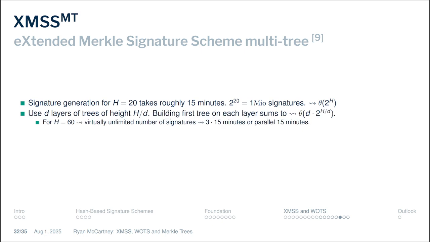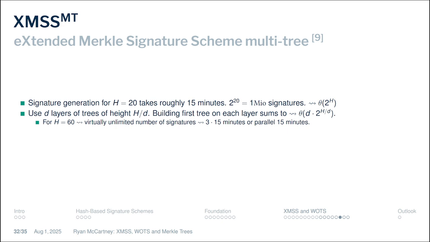And this also gives us a neat property where we can parallelize the generation of the trees independent of each other. So this is embarrassingly parallel, and in its limit, we arrive at a theta of d, being the number of trees, times 2 to the power of h divided by d, which means for h equals 60 and d equals 3, we generate 3 trees, each being 2 to the power of 20 many signatures in size.